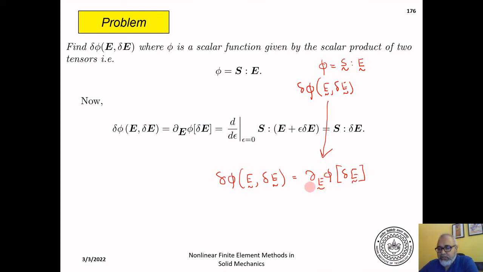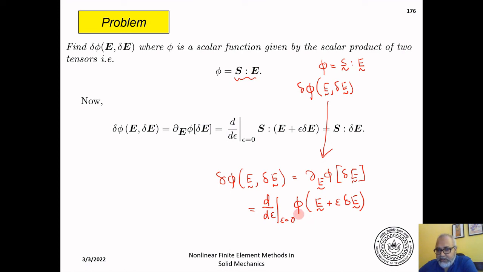Okay, so this is the definition, and the formula for this definition is you take d d epsilon, with epsilon tending to 0, of phi evaluated at E plus epsilon delta E. Now phi is given by this function.